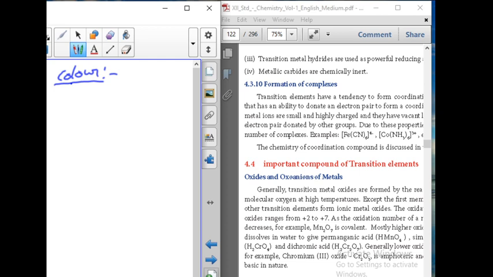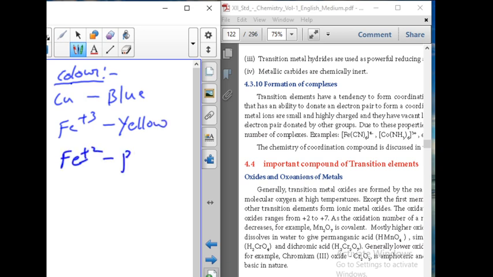For example, if you are observing a blue color solution, that must be copper. Iron +3 is a yellow color. Iron +2 is a pale green color.